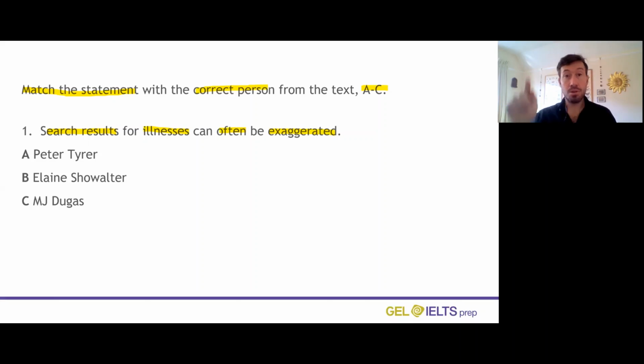For example, you quickly look for Peter's name, and then you read what Peter's opinion is. Then you quickly look for Elaine's name, you read what Elaine's opinion is, and then you look for MJ Dugas and you read what MJ Dugas's opinion is. And by doing that, you can find who has this opinion.